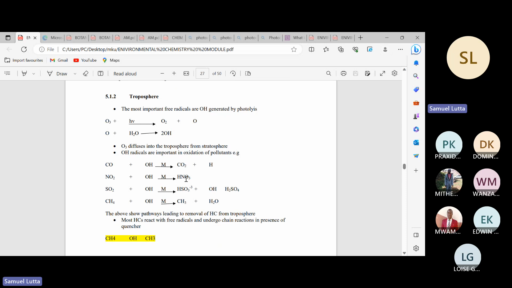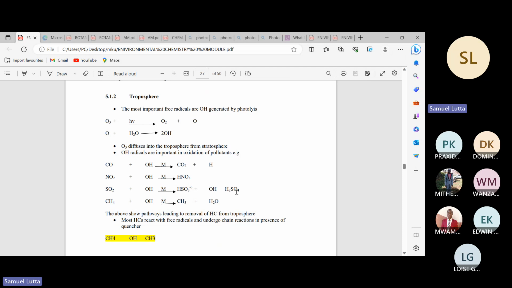There's something wrong with the equation. Some things have been mixed a bit here. So it's supposed to be HSO3, and then the HOSO3, when you combine this with OH, that's when now you get your sulfuric acid.